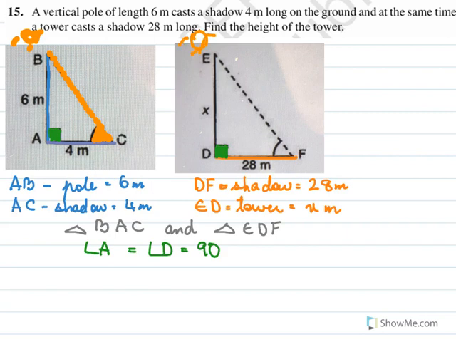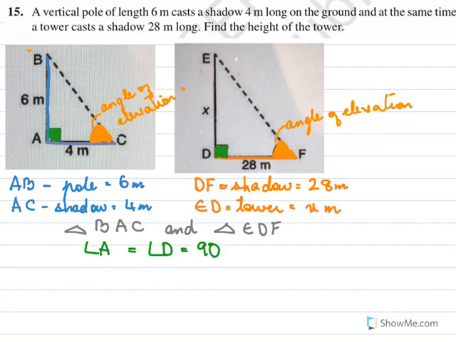Same thing in this case here, the sun would be somewhere here, and this angle, the line of sight from the point to the sun, is called the angle of elevation of the sun. And at a given point, the angle of elevation of the sun is equal. So this is the angle of elevation, and here in this figure, this is the angle of elevation. And in a given place, the angle of elevation is always equal.